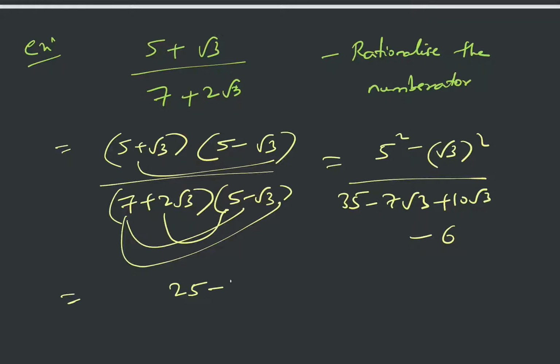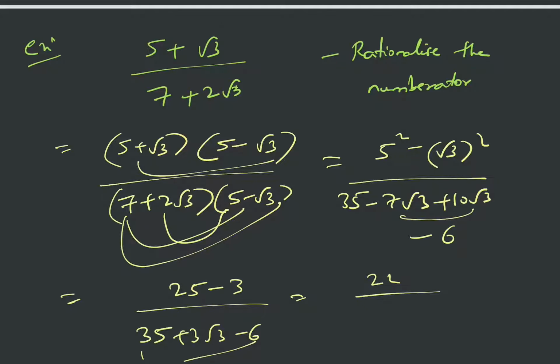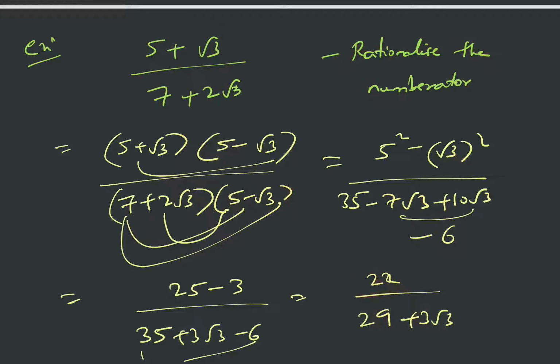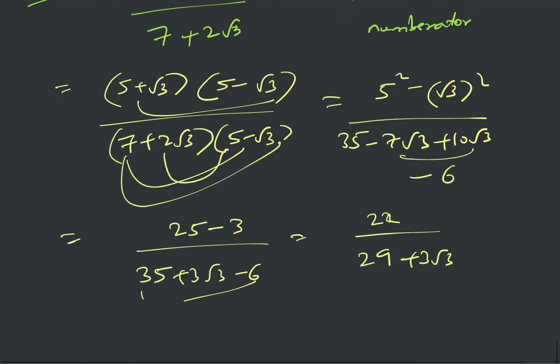So 5 square is 25 minus 3, and this is 35. 10 root 3 minus 7 root 3 is plus 3 root 3 and minus 6. So this is 22 by 35 minus 6 is 29 plus 3 root 3, right? So our task is done, that is we have rationalized the numerator. You can see that in the numerator we have a rational number.